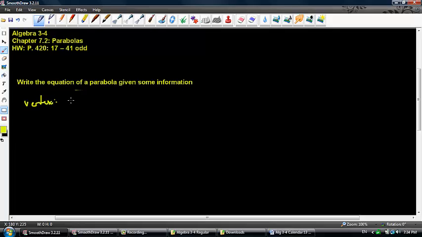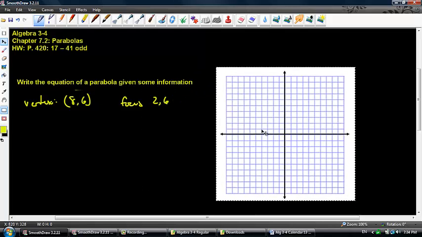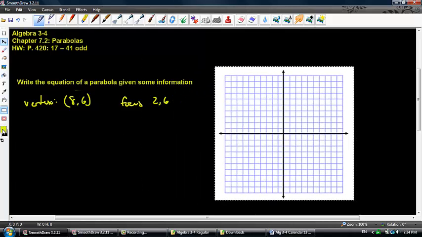Let's go vertex (8, 6) and the focus is (2, 6). Well, just for a little bit of accuracy's sake, I'm going to go ahead and just paste this in here. And first, again, you just draw a sketch of the graph. (8, 6) is 1, 2, 3, 4, 5, 6, 7, 8, and 1, 2, 3, 4, 5, 6.